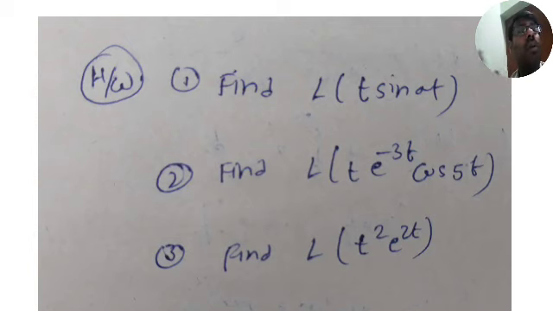Multiplied by t means you have to do the first derivative multiplied by minus, and t square means you have to do the second derivative. Read the multiplication by t power of n method, then solve all those 9 problems. Practice whatever problems we covered in this lesson. Read the formula, read the method, and practice the problems. Then try to do the homework problems.